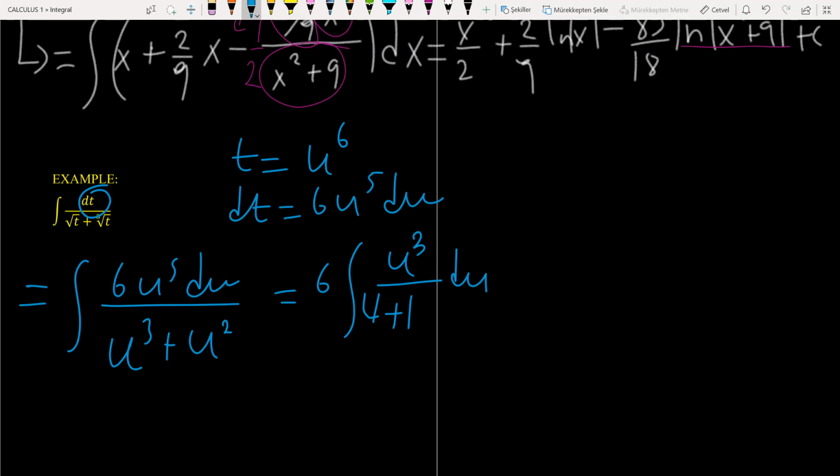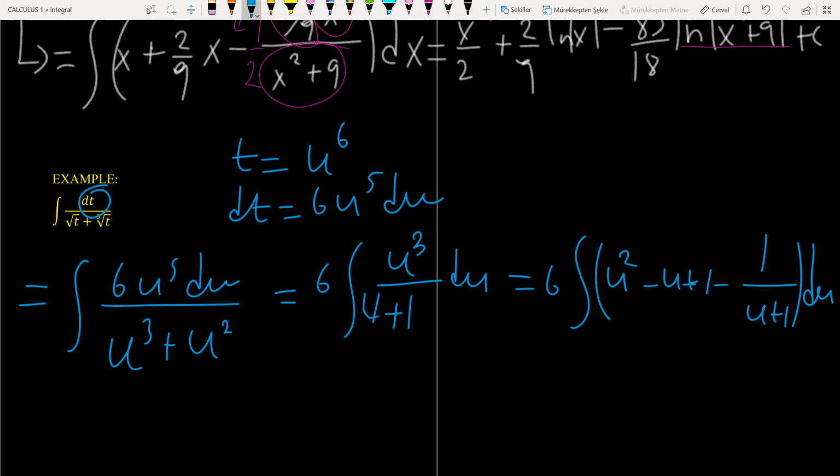As you see, the degree of the numerator is bigger than the degree of the denominator. If you do polynomial division, you will get this expression: u square minus u plus 1 minus 1 over u plus 1 du. Finally it's very easy to integrate this function, the parentheses of 6.